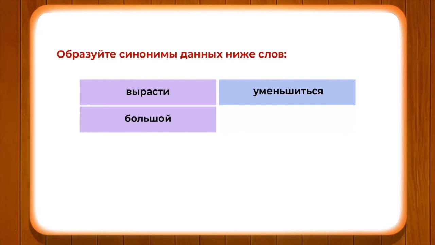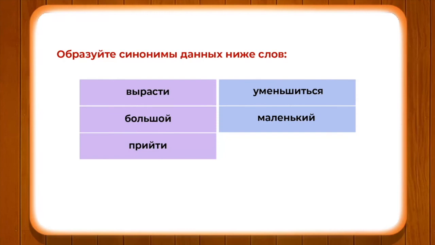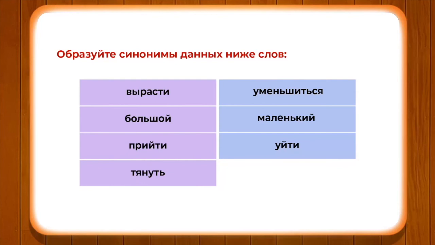So большой, and antonym is маленький. Маленький. Next word we have прийти, to come in, and the antonym is уйти. Next word we have тянуть, and the antonym is толкать.